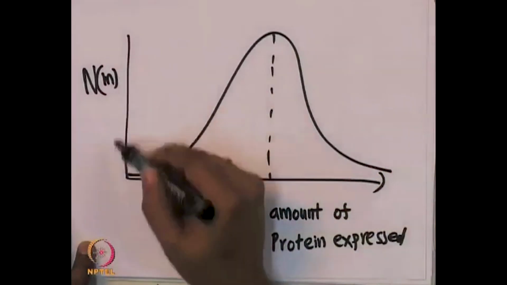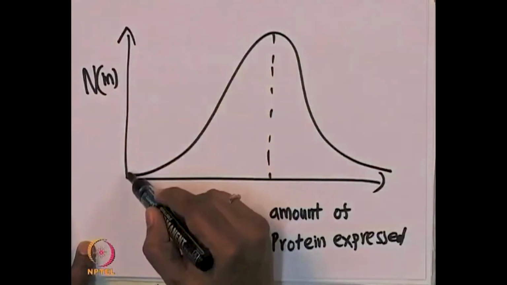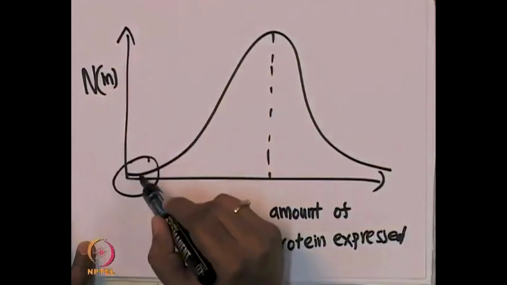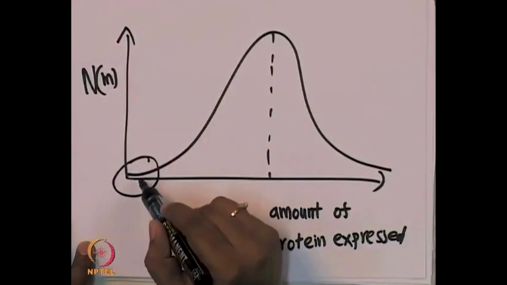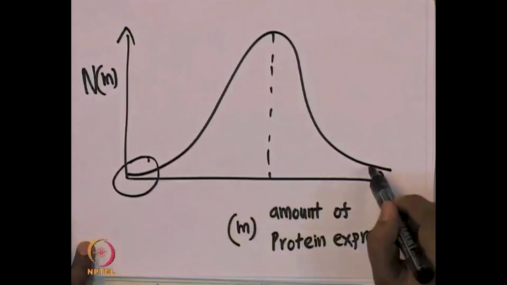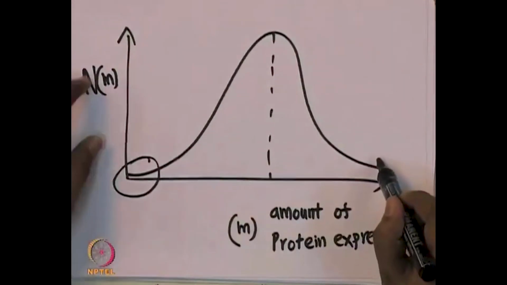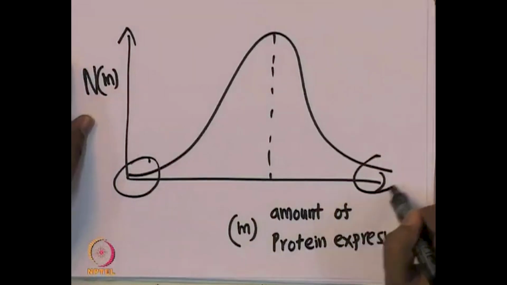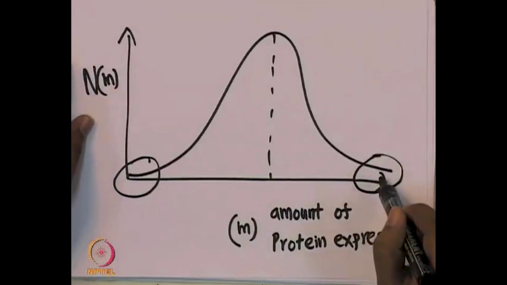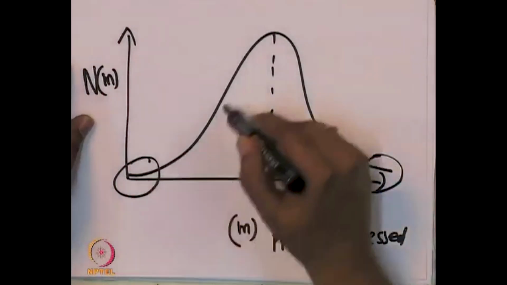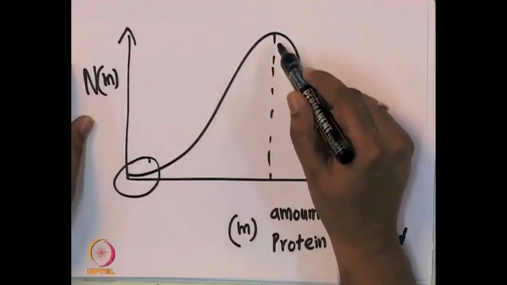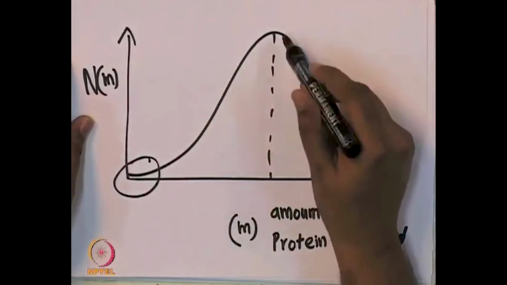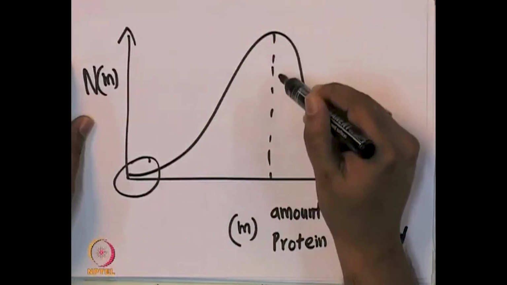Very few cells, number is very small, very few cells, a very little small amount. A large amount is also expressed by only a few number of cells. Maximum number of cells express something intermediate amount of protein.